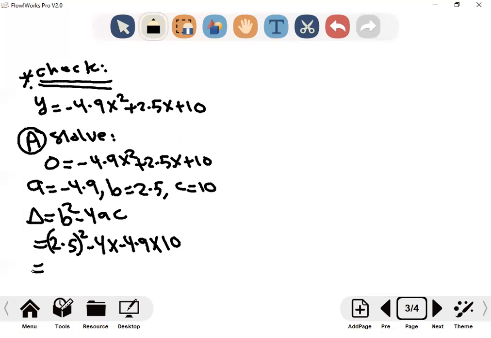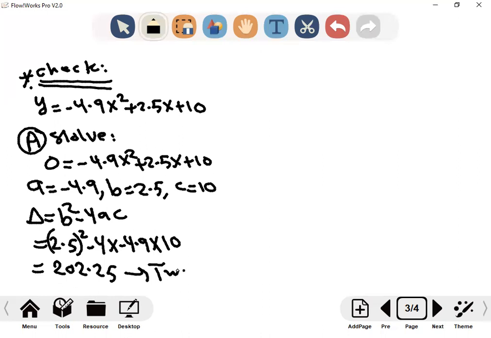And be sure, please, put parentheses here. 2.5 all power 2 minus 4 times negative 4.9 multiply 10. 202. Are you sure? 202.25, positive. Positive means what?